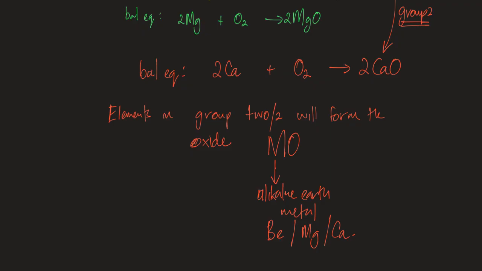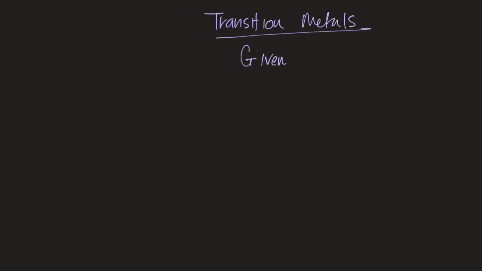All right, let's have a look at the transition metals. They don't really have a pattern, but what you can always know is that what you will be given is the name of the oxide, or rather the formula.